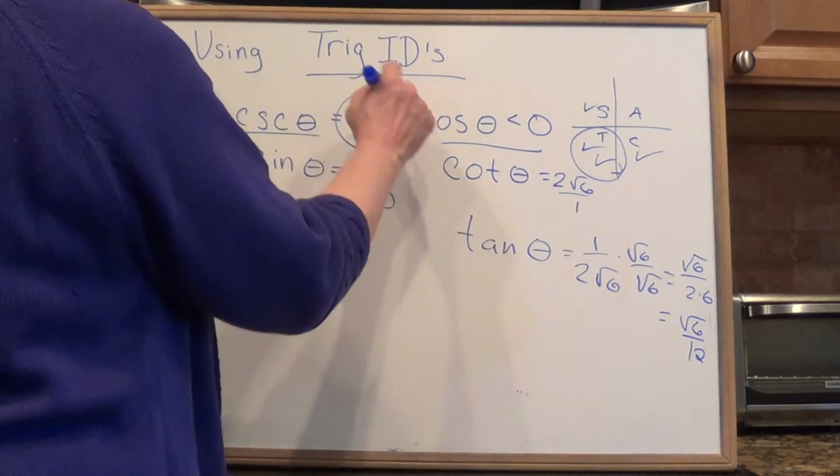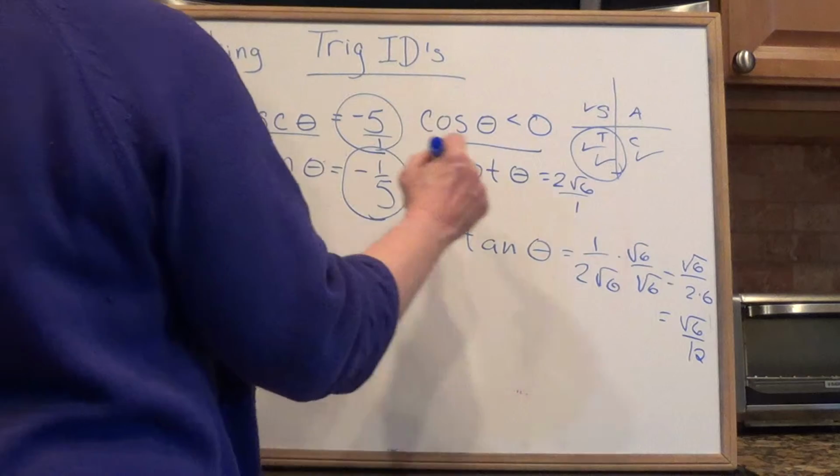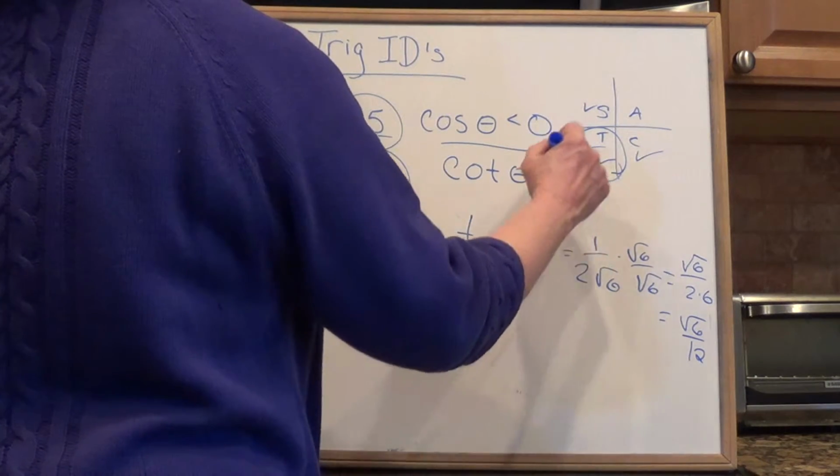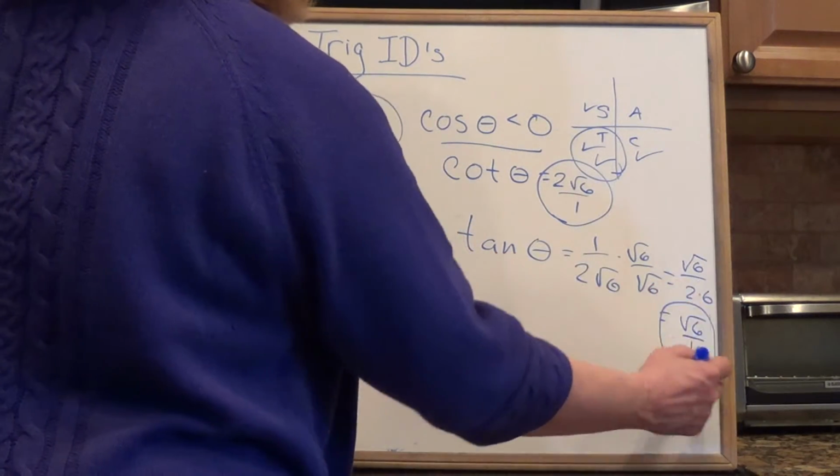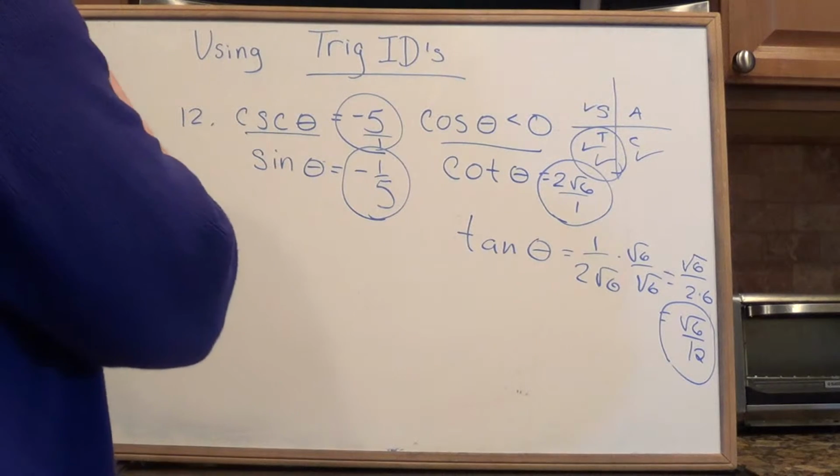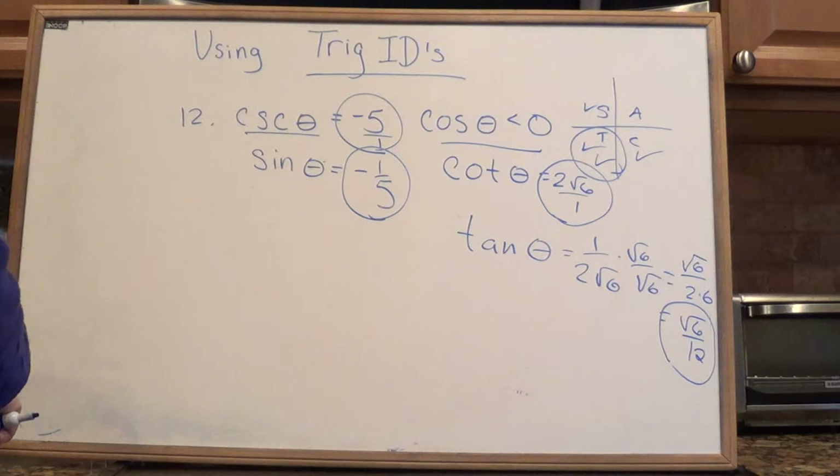So here is cosecant, sine, cotangent, tangent. Alright, so we've only got 4. 4 down, 2 to go.